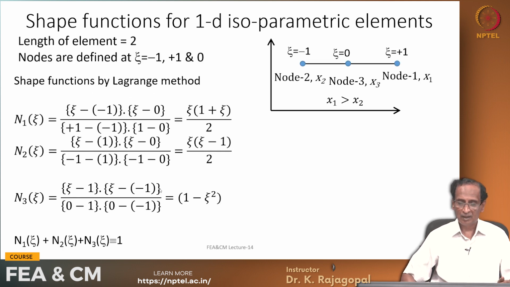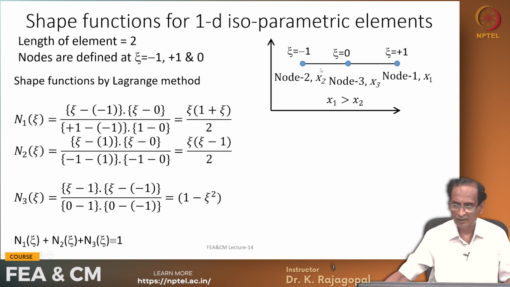And now let us introduce a third node. n1 is at xi of plus 1, n2 is at xi of minus 1 and the third node is introduced at xi of 0.